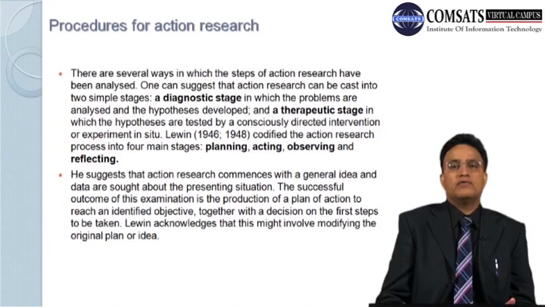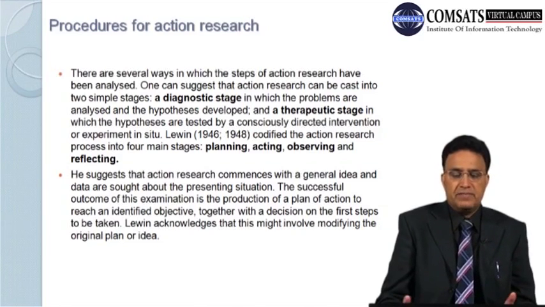The successful outcome of this examination is the production of a plan of action to reach an identified objective, together with a decision on the first steps to be taken. He acknowledges that this might involve modifying the original plan or idea.